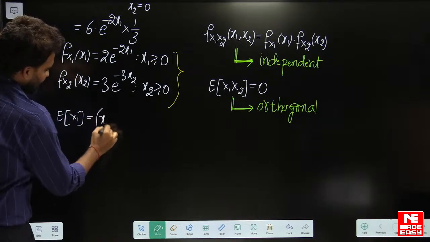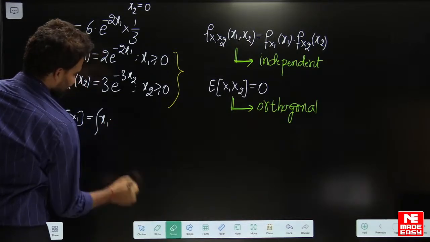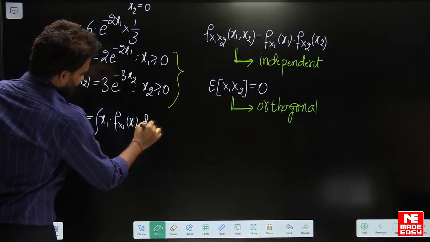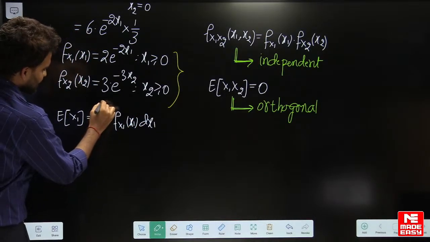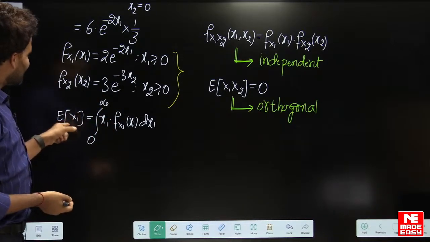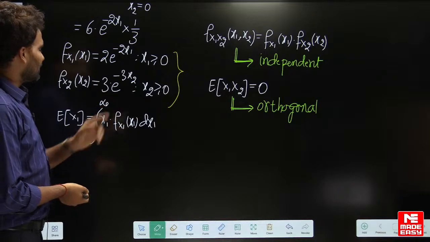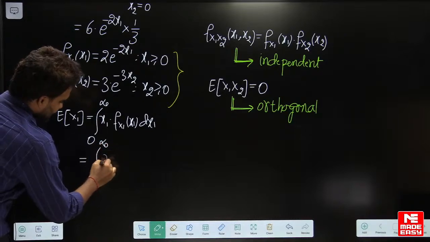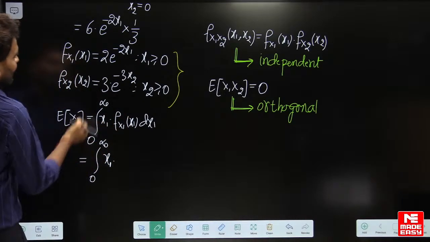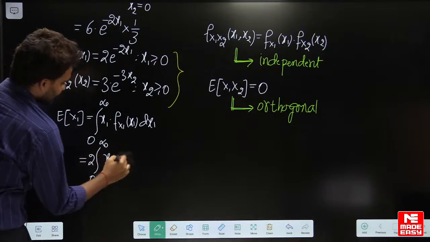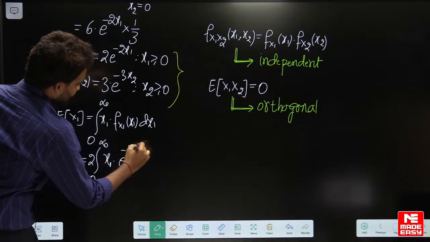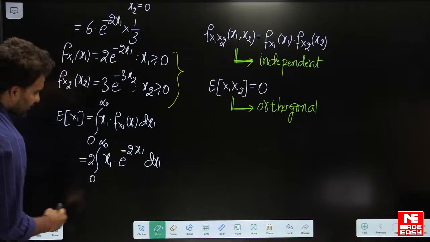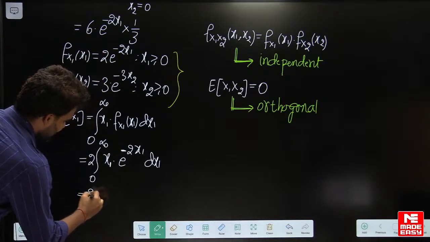So expectation of x1 is the integration of x1 times fx1 dx1, where x1 takes values from 0 to infinity. I write the density function of x1 here, and it will be integration from 0 to infinity, 2 you can write outside, e power minus 2x1 dx1, and it will be 2 times 2.